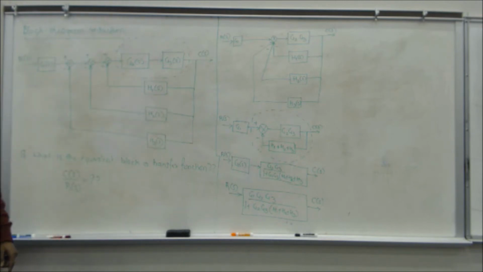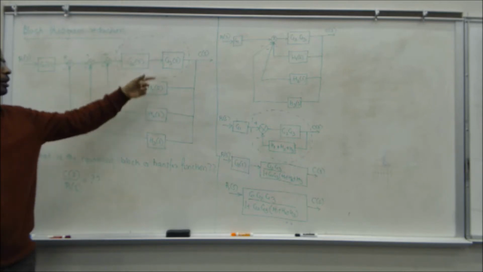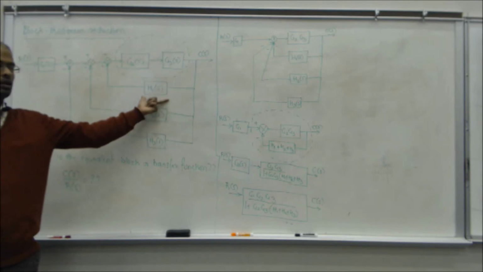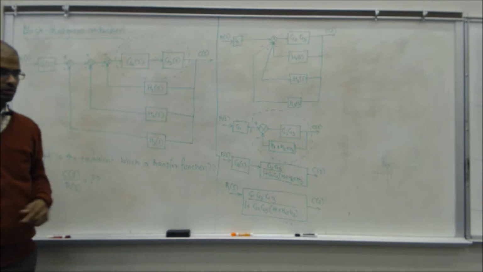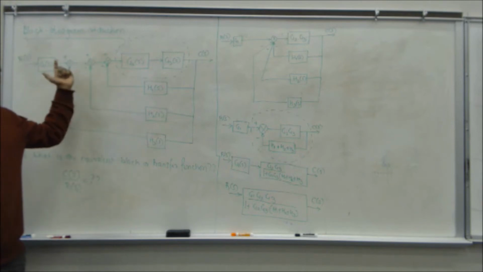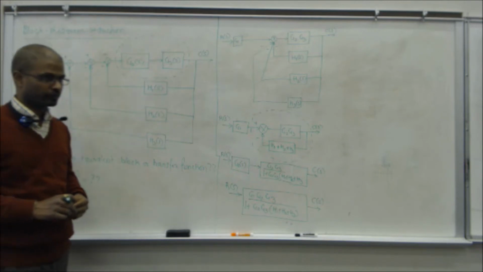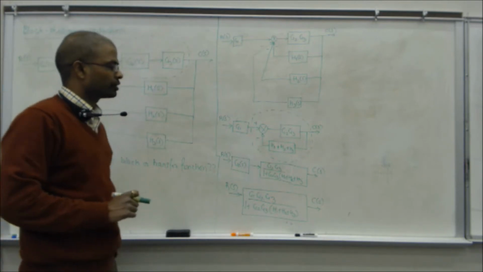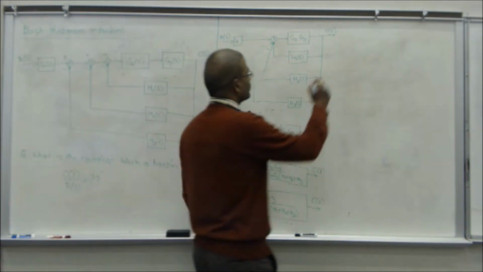The general notation for H of S, you have to understand what this block means. This block means the forward path will have the plant, and whatever output is being transduced or sensed. So the sensed output is being changed to something which the controller can read or interpret. H of S is again still a transfer function, but it represents a transfer function for a system, right?